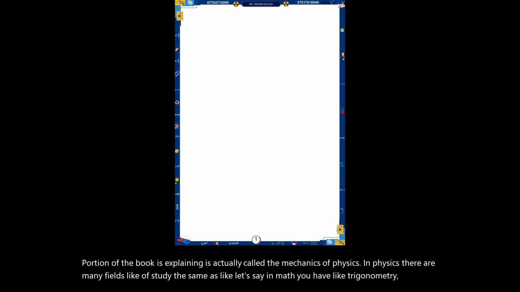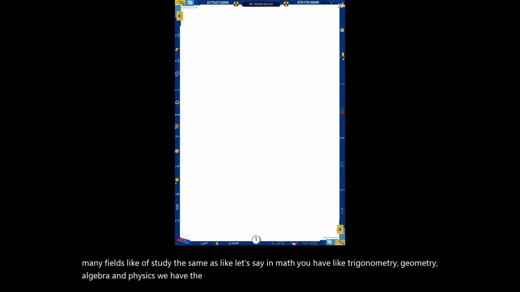In physics, we have the same thing. The thing that we are studying right now is called the mechanics of physics. In mechanics, there are three main topics: the first one is motion, then forces, and then energy. Force and energy we have in chapter 3, forces, and chapter 4, energies. But for motion, it's chapters 1, 2, and chapter 5 also.